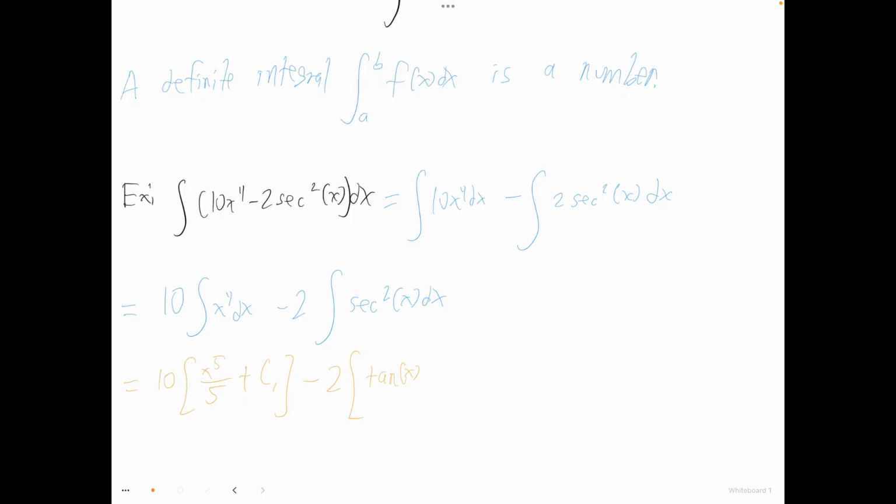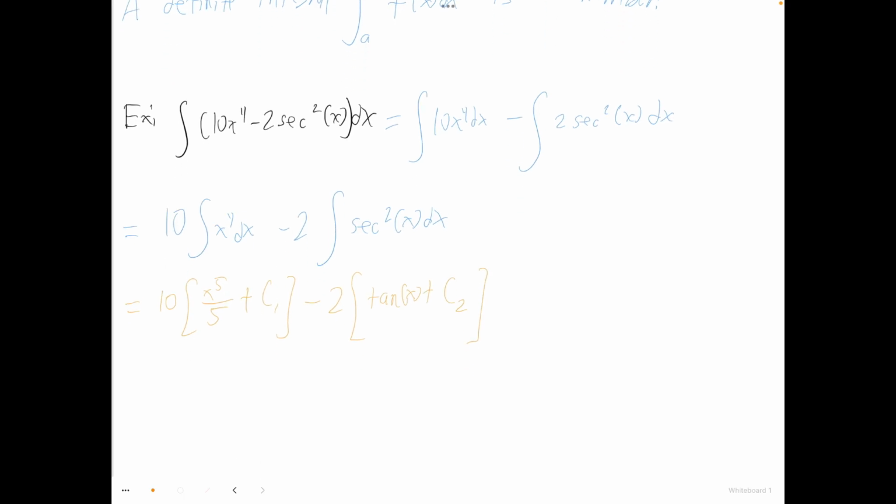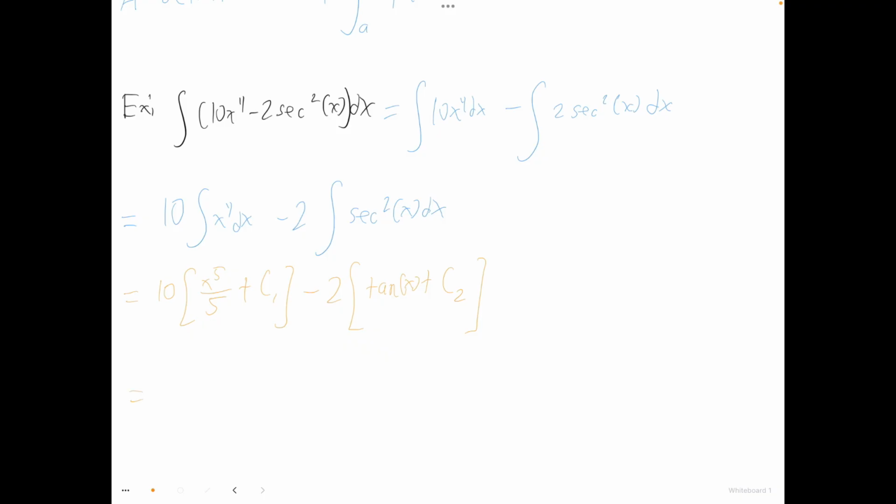That's tangent of x, plus some other constant, which I'll call c2. And so we combine things, so we're going to have 2x to the fifth plus 10c1 minus 2 tangent of x minus 2c2, which equals 2x to the fifth minus 2 tangent of x plus 10c1 minus 2c2.